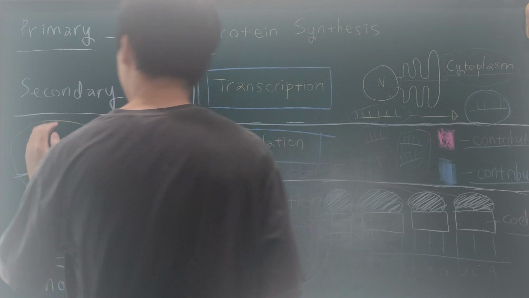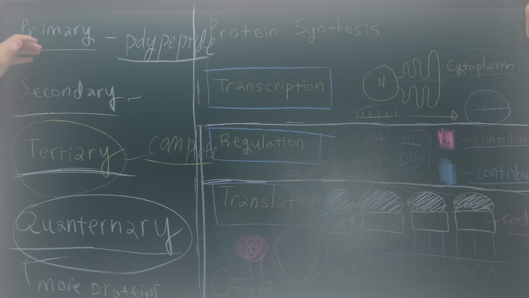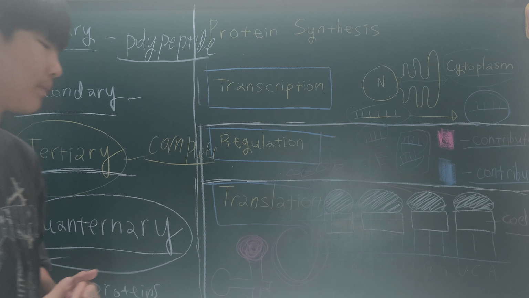And here, as the polypeptide evolves and develops new functions and shapes, it becomes a final fully functioning protein, called the tertiary state.